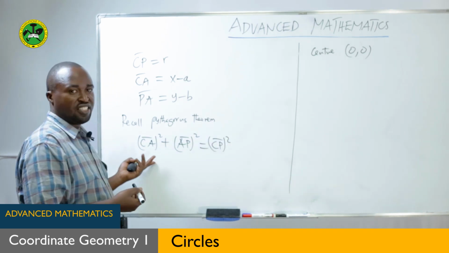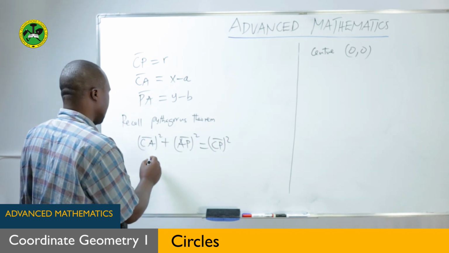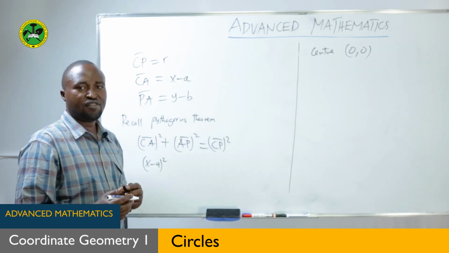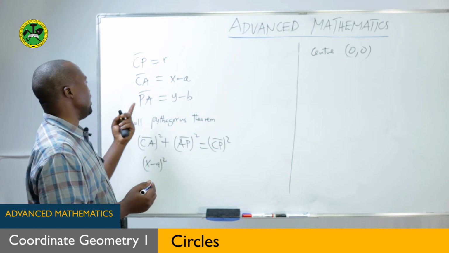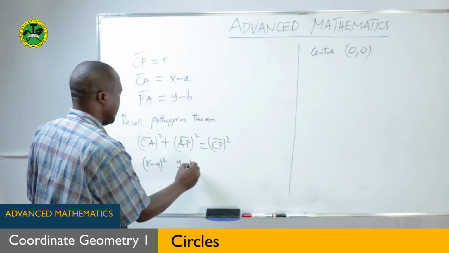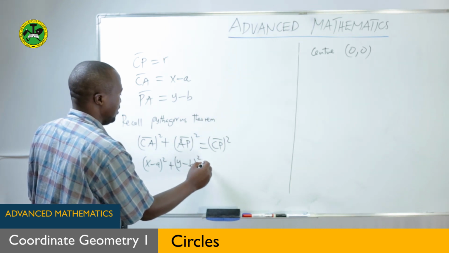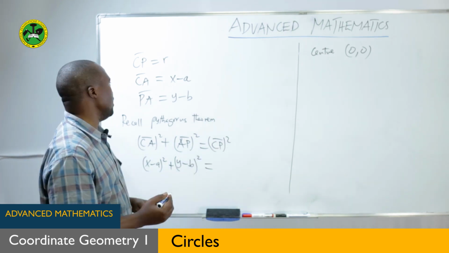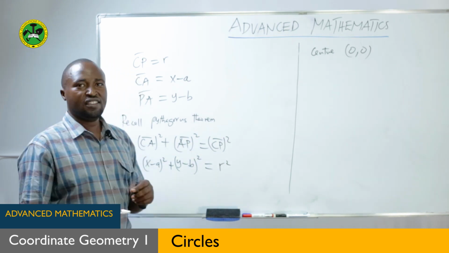So what is CA? CA is x minus a, so (x minus a) squared. Then AP, the same as PA, is y minus b, so (y minus b) squared, which is equal to CP squared. What is CP? CP is r squared.